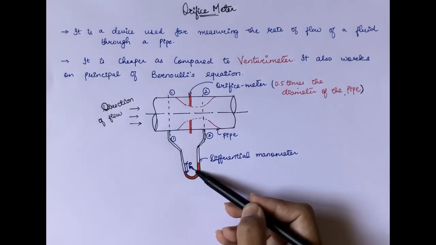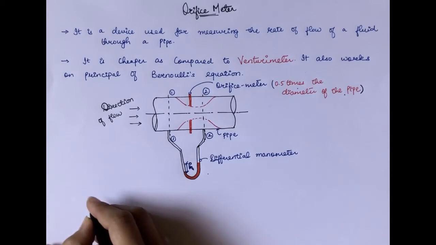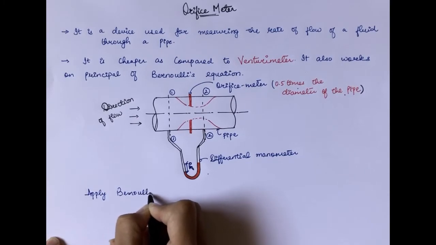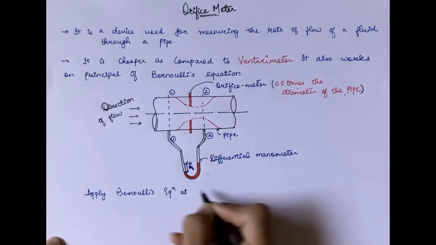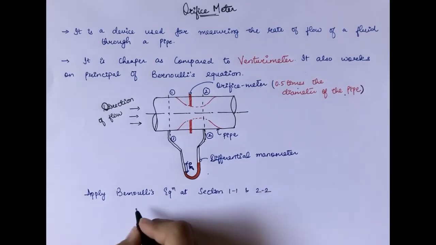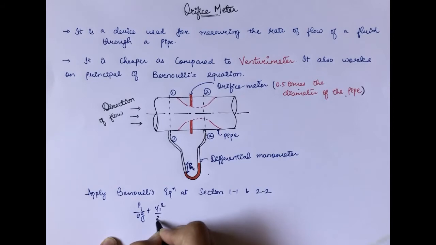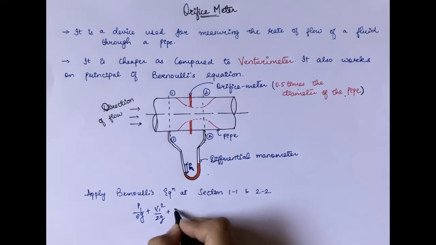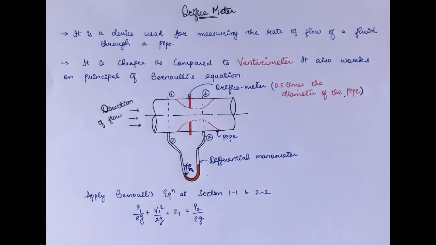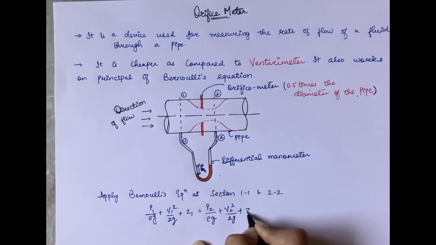Starting with its derivation, applying Bernoulli's equation at section 1 and section 2, we get P1 by rho g plus V1 square by 2g plus Z1 is equal to P2 by rho g plus V2 square by 2g plus Z2.